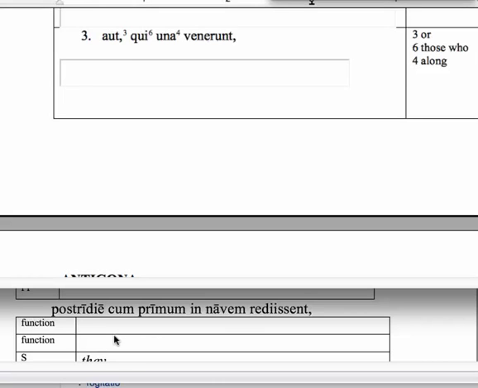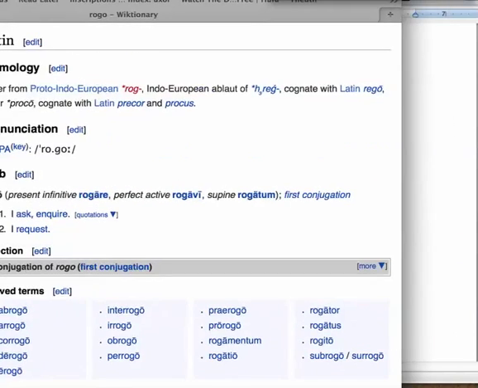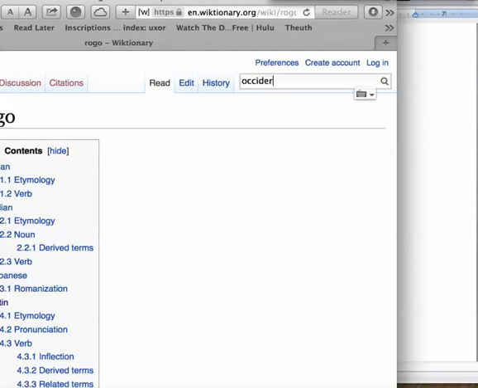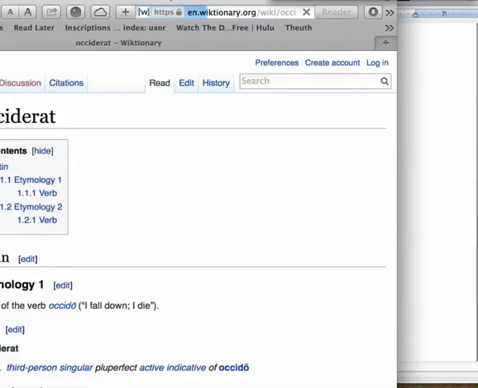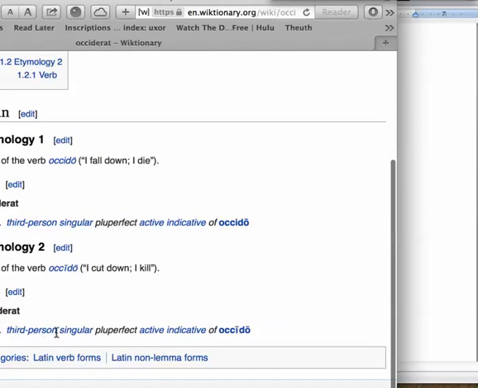You can look it up. Occiderat, from occido, fall down. It says third person singular. Pluperfect is another way of saying past perfect. See?